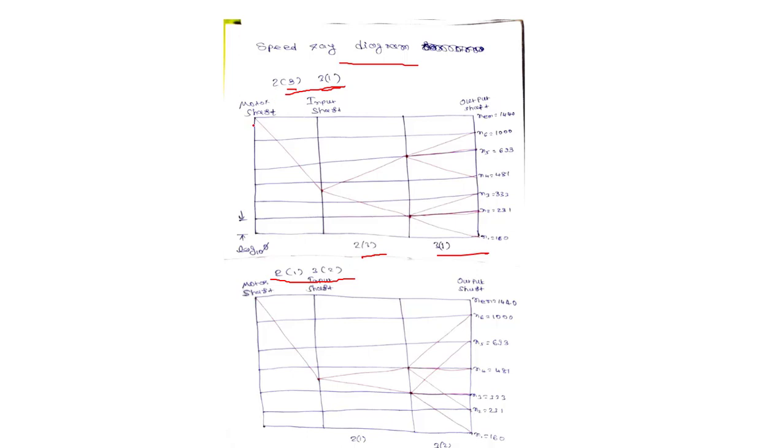So here we get 4 vertical lines: one for the motor shaft, one for the input shaft, one for the intermediate shaft and one for the output shaft. So here we have 7 horizontal lines and 4 vertical lines.